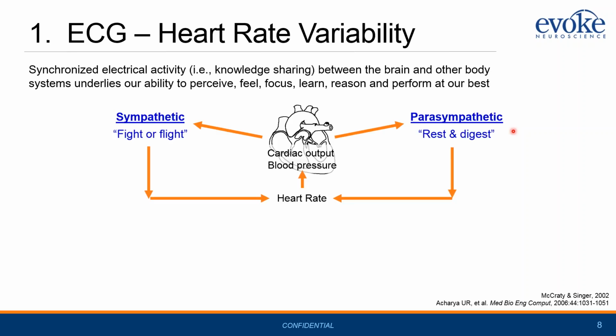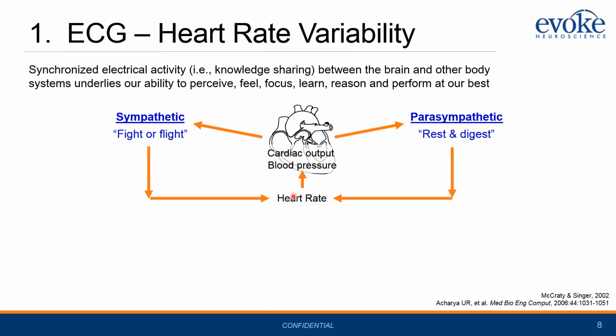So this is an example of why we're looking at something like heart rate, which affects cardiac output and blood pressure, which gives us insight then into the autonomic nervous system, which is responsible for our sympathetic activation, fight or flight mode, and parasympathetic activation, rest and digest mode.